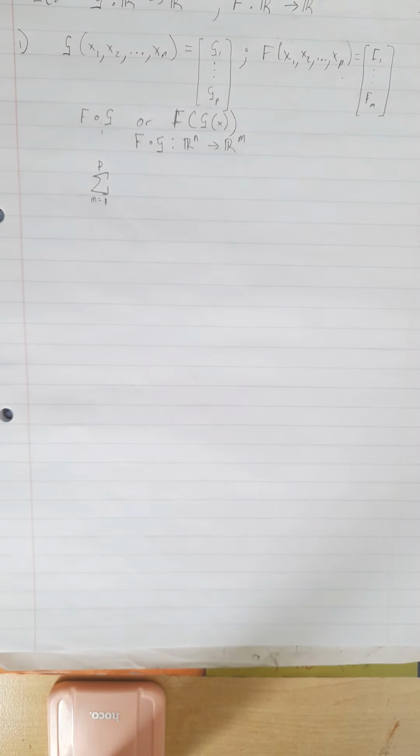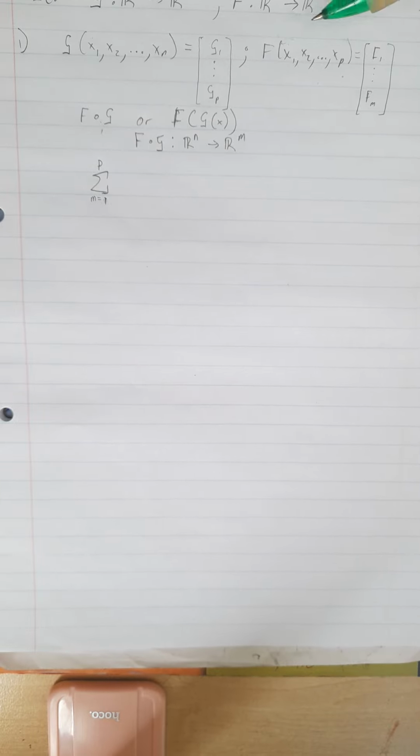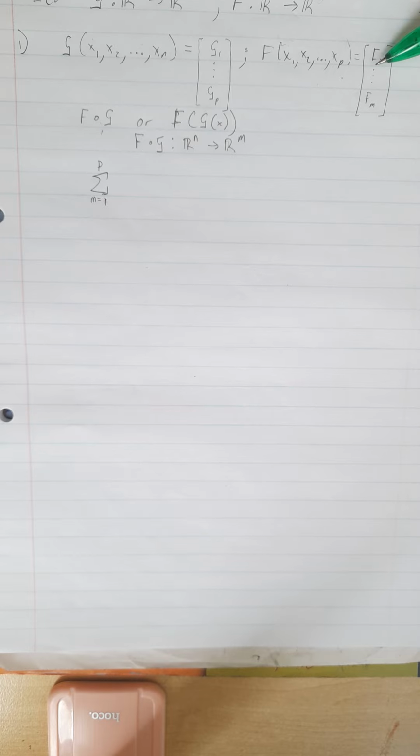The reason behind that is similar to how it was when we took the composition of a scalar valued function. It's because we have to take the derivative with respect to x1, x2, all the way up to xp. We have m functions here. So in order to take its derivative, we need to take the derivative m times, because we're having m outputs.